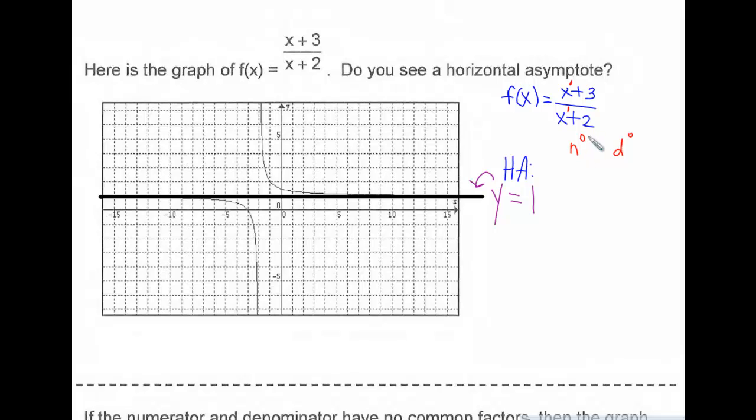So we're looking at the degree in the numerator first. The degree in the numerator is 1. The degree in the denominator is 1. 1 is equal to 1. When the degree of the numerator is equal to the degree of the denominator, then y is equal to the leading coefficient divided by leading coefficient. So in this case, y is equal to 1 over 1. So the horizontal asymptote is y = 1.